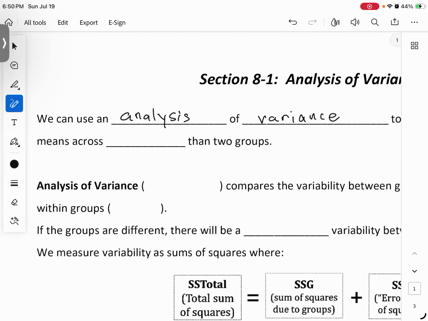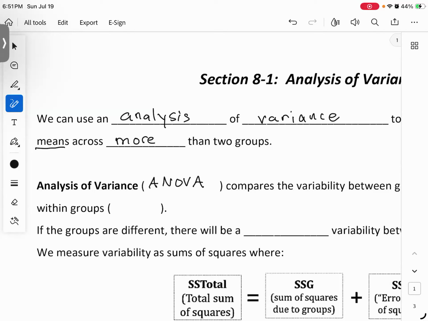But I want you to know the main thing about this type of hypothesis test is when you're focusing on means and you're doing more than two groups. So, a classic example might be the average height for high schoolers, that would be four groups: freshmen, sophomores, juniors, seniors. Analysis of variance, again, gets the short abbreviation of ANOVA.